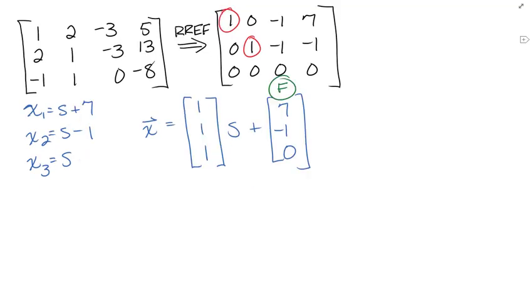So now go back to the current problem. When you solve a non-homogeneous system, you're going to get, number one, the terms that have parameters on them are actually going to be solutions to the homogeneous version of that system.